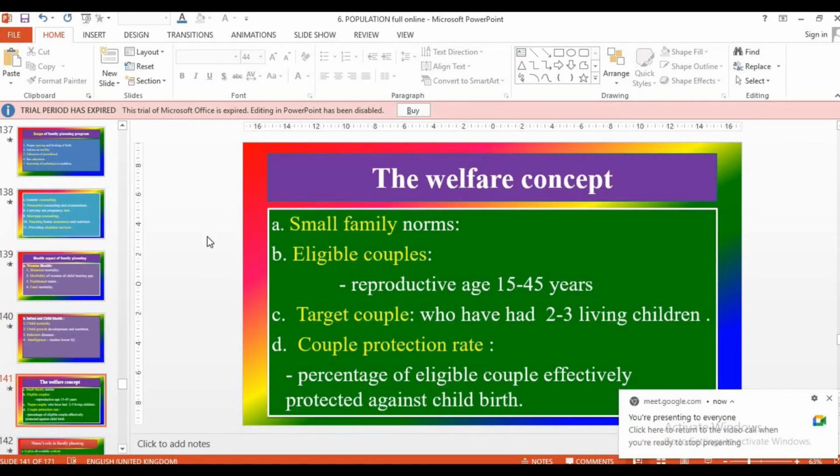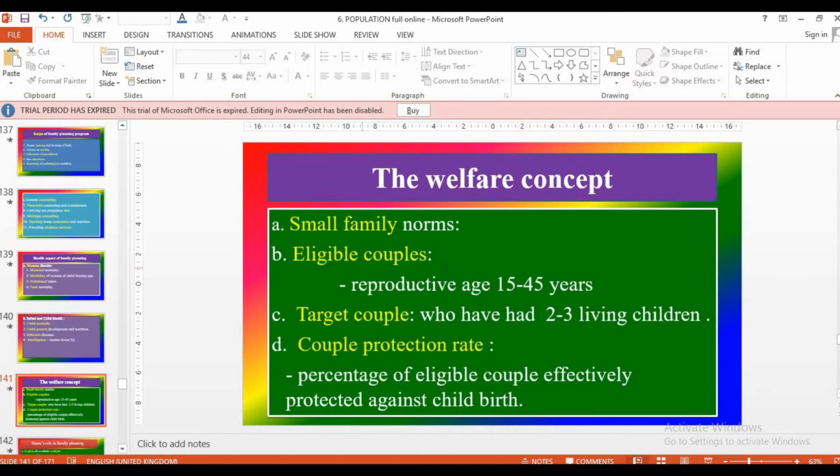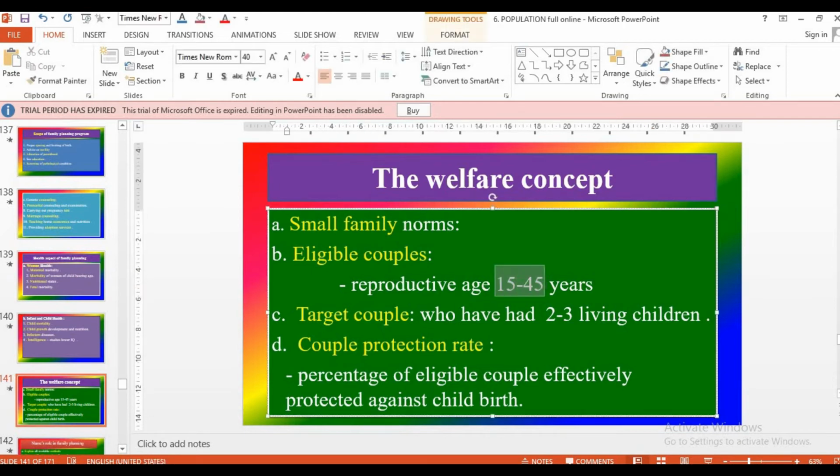Next, the welfare concepts. First concept, small family norms. And nowadays the slogan is one family, one child. B, eligible couple: reproductive age 15 to 45.